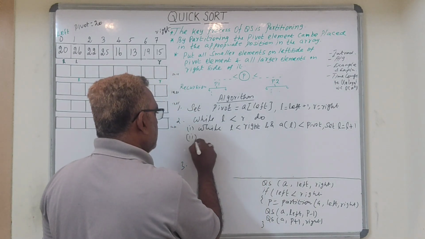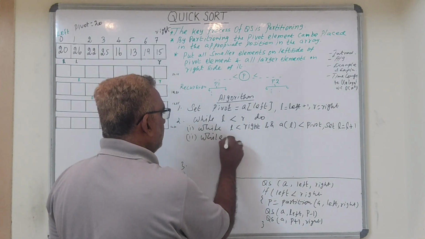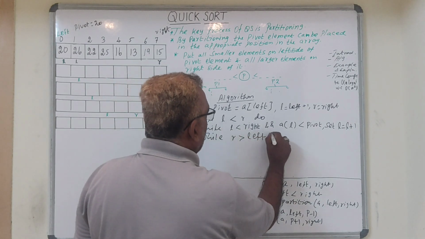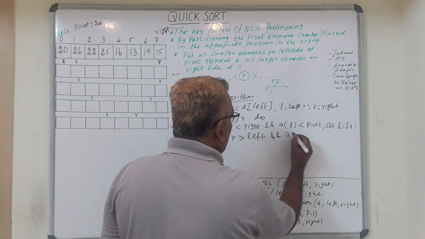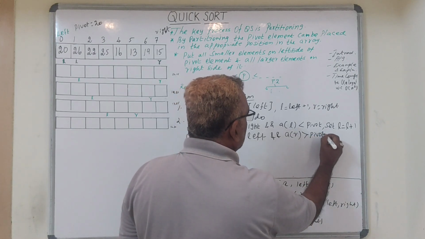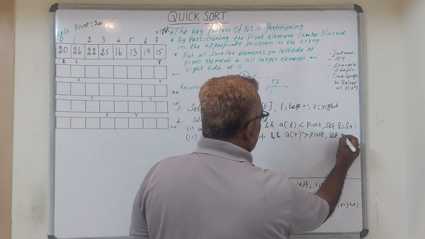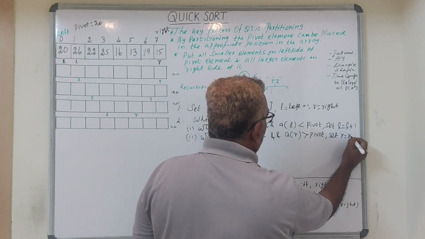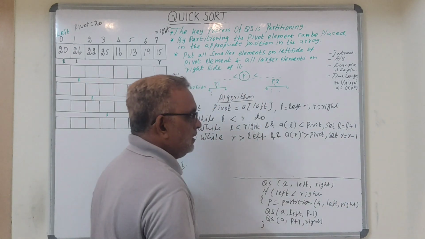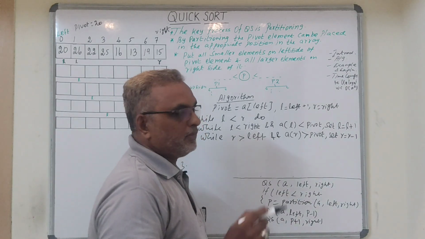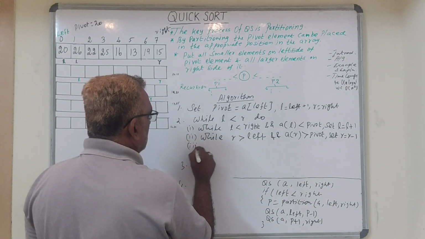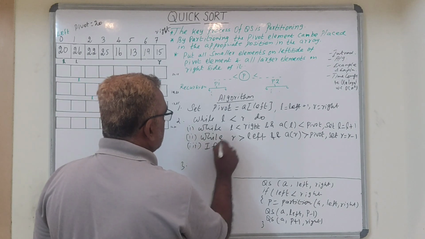The second condition is that while R is greater than left and A of R is greater than the pivot, set R equal to R minus 1. Here we increment the value of L, and here we decrement the value of R.